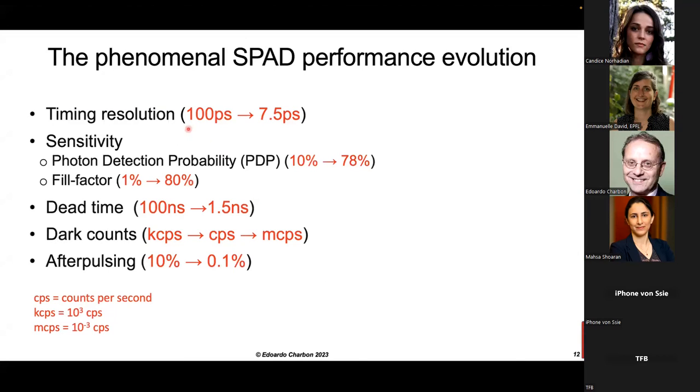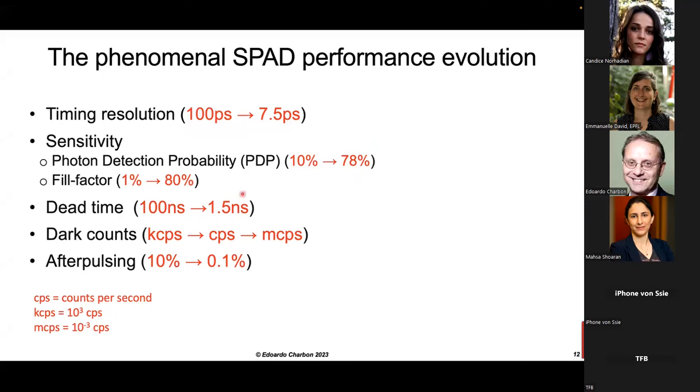Of course, the performance has dramatically improved over time, from the early 2000s to today. Today we have actually established a few records. One of them is the timing resolution that we can achieve at 7.5 picoseconds, sensitivity that reaches 78 to 90% even, and fill factors on the order of 80% with the help of microlenses.